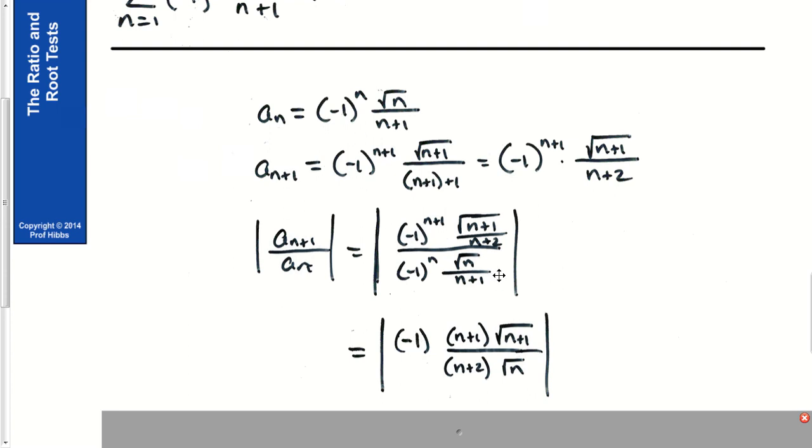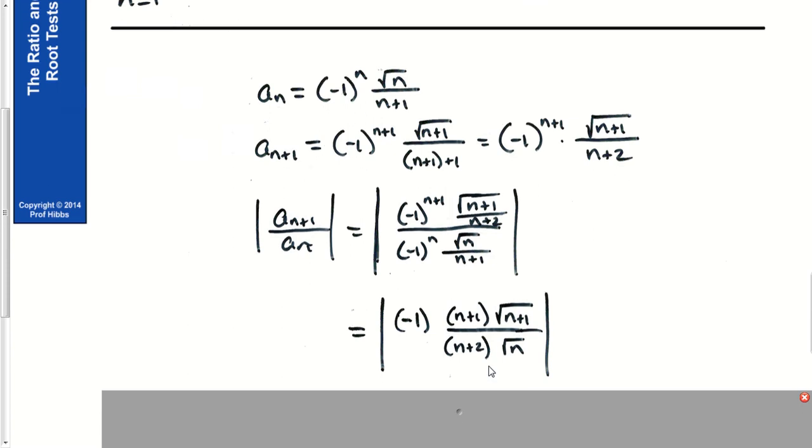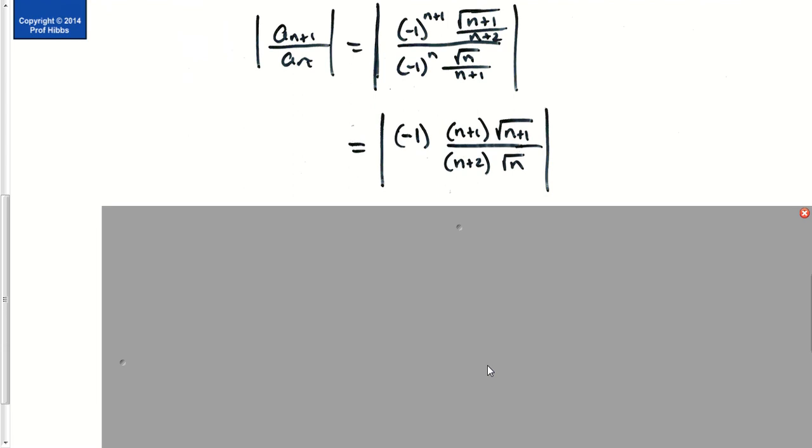Now when we reciprocate and multiply, the n plus 1 of this denominator ends up being in the numerator. So we have an n plus 1 times the square root of n plus 1. And the square root of n ends up being in the denominator, and of course the denominator was an n plus 2 before. So that's how that fraction will simplify. Let's move on up here.